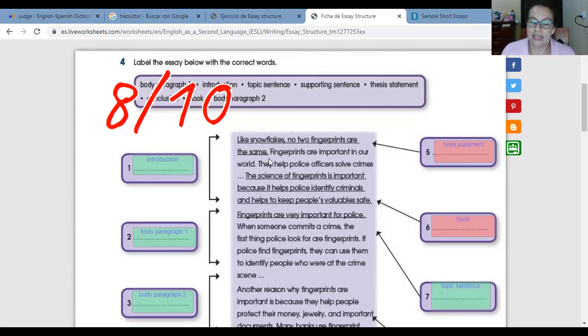The hook is at the beginning of the introduction of the essay, okay? We have here, a hook is like snowflakes, no two fingerprints are the same, okay? And the thesis statement is the science of fingerprint is important because it helps police identify criminals and help to keep people's valuables safe, okay?